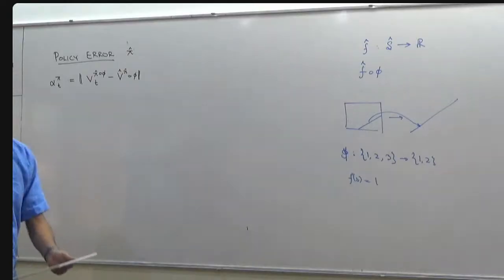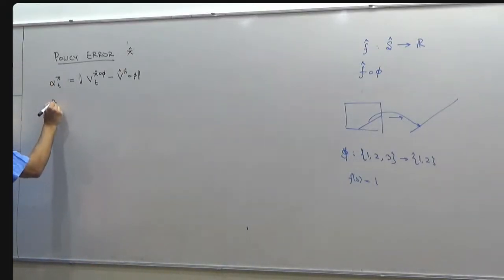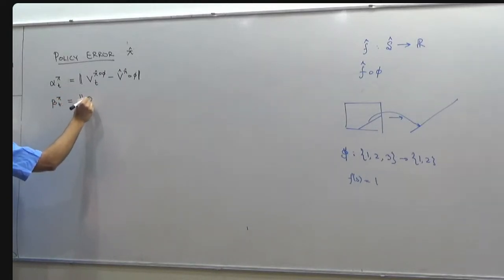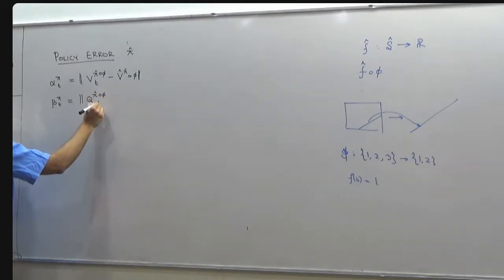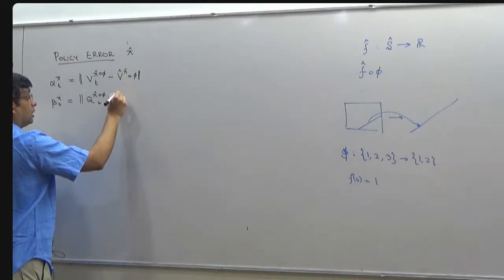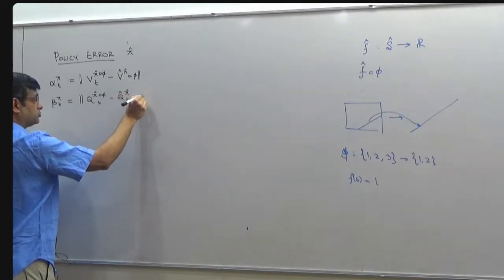This I am going to call alpha pi. Beta pi t is the same thing with q: q pi hat composed with phi t minus q hat pi hat t composed with phi.